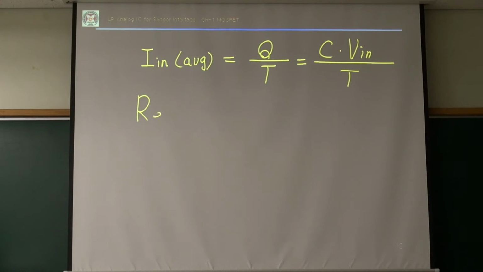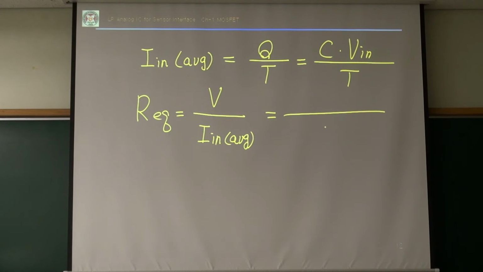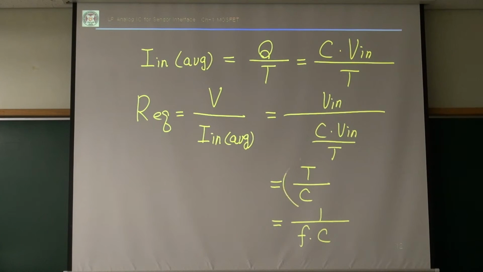So my equivalent resistance is Vin divided by Iin average. Iin average is C times Vin over T. So this is nothing but T over C, right? I can say this is 1 over fC, with fC the clock frequency. Anyway, this T over C is the equivalent resistor.